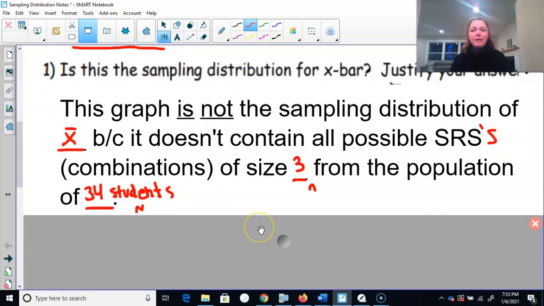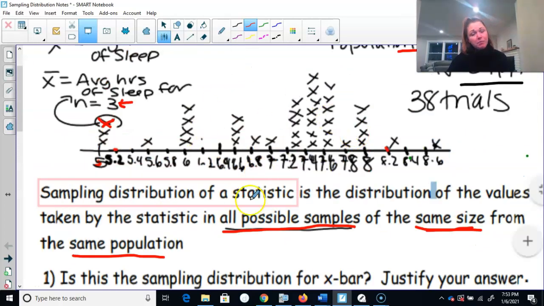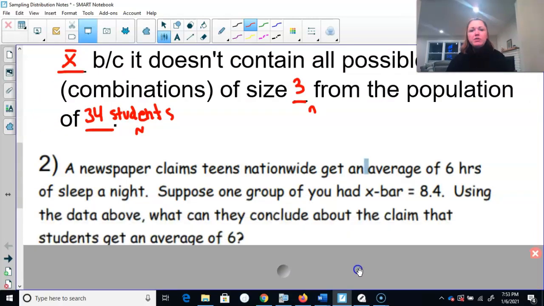What we can do though is make some claims about a population based off this simulation that we have up here, okay? And we're gonna just quickly review that right now. A newspaper claims teens nationwide get an average of 6 hours of sleep a night. Suppose one group of you had an X-bar of 8.4.